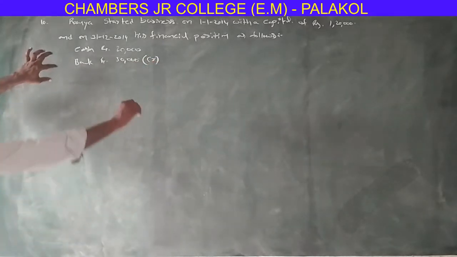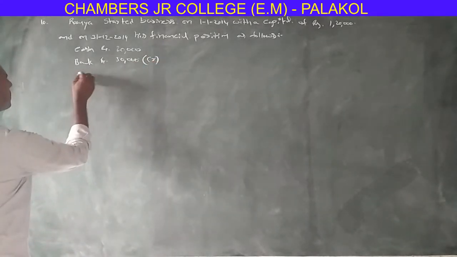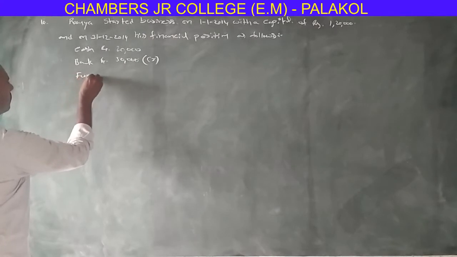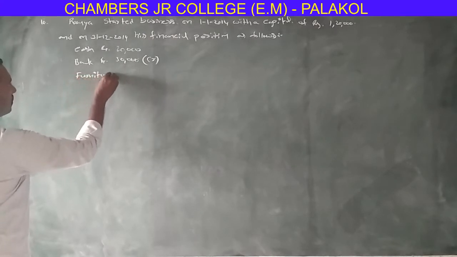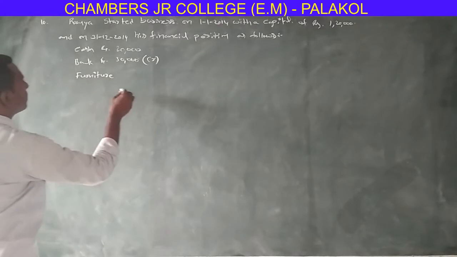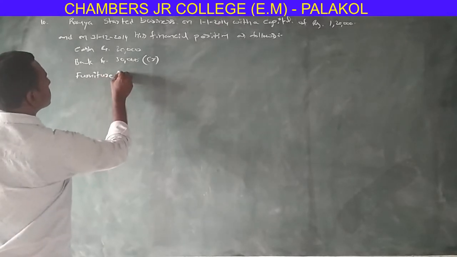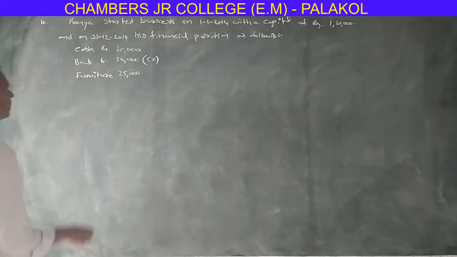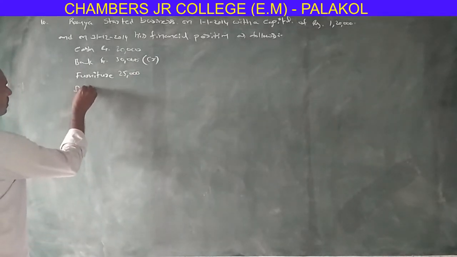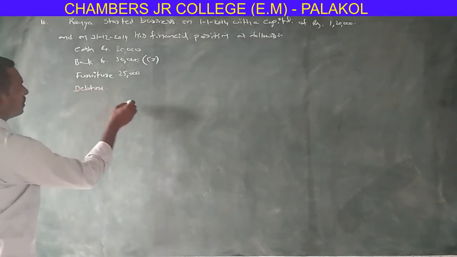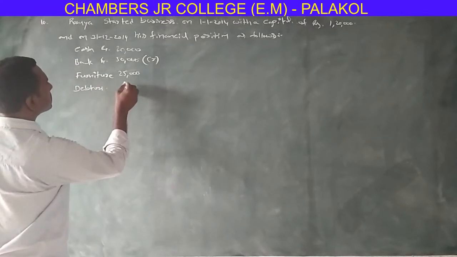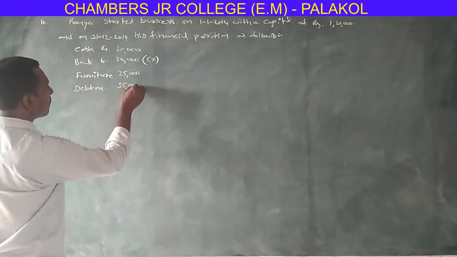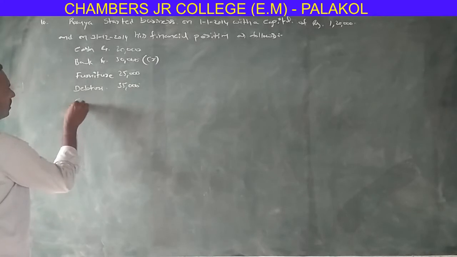Furniture rupees 25,000. Next, debtors rupees 35,000.